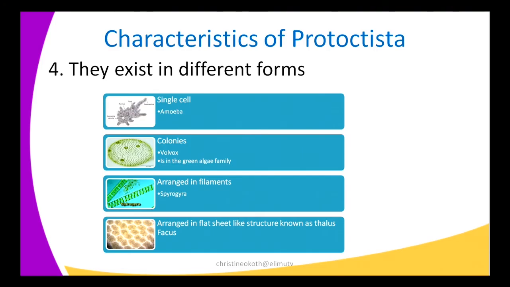Then we have others arranged in filaments, like Spirogyra. Lastly, some are arranged in a flat sheet-like structure, known as a thallus, like Fucus, as illustrated in the diagram.